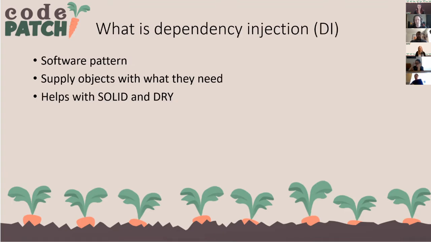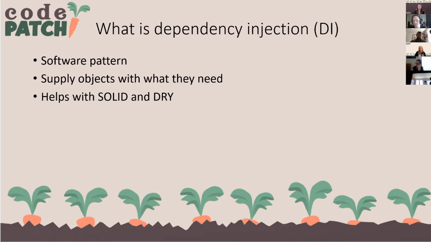So first of all, what is dependency injection? In my own words, dependency injection is a software technique or pattern that helps you supply an object with every object that it needs or depends on to execute its own logic. Doing it this way, you make your code adhere more to the SOLID principles, two of them really, one being the single responsibility principle, because the object that needs the dependencies does not need to create its objects, it receives them.